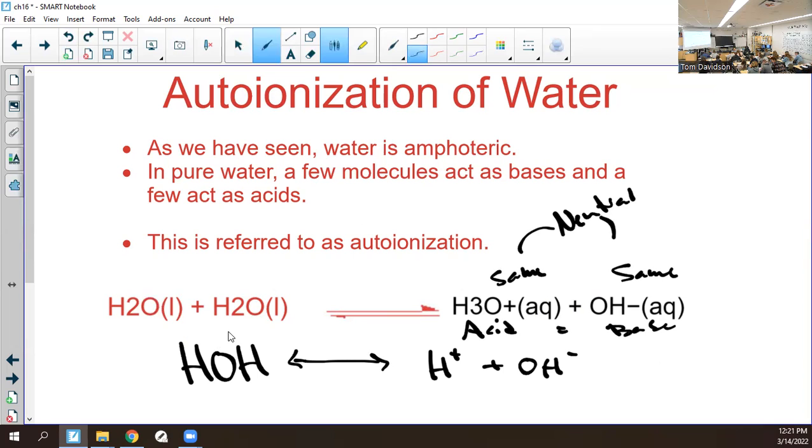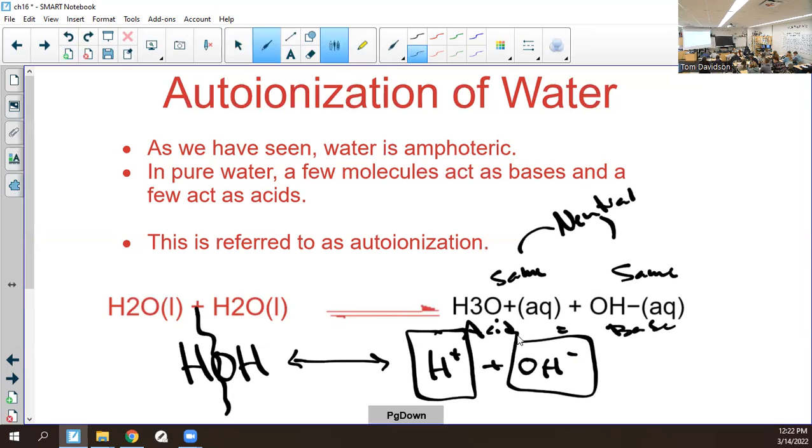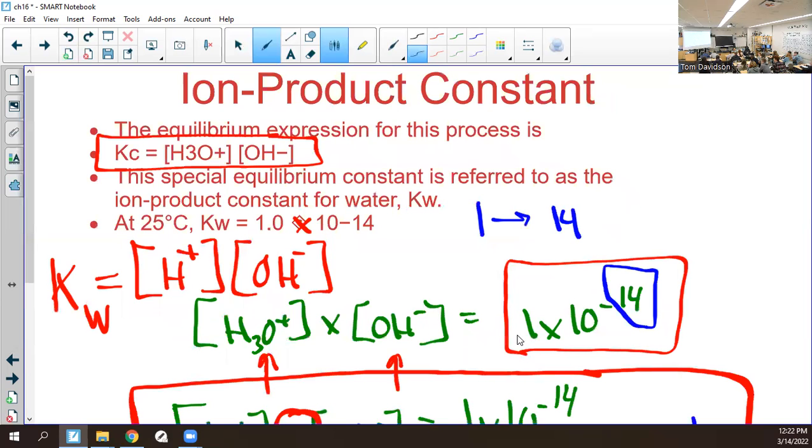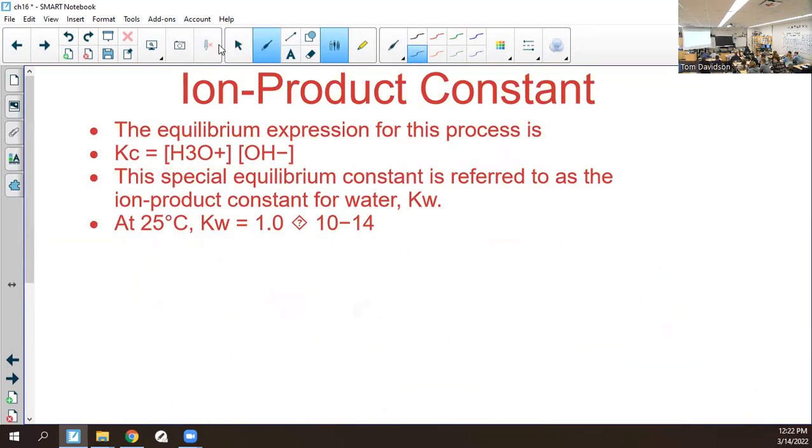For this process to happen, it has to break apart, right? Well, it broke into equal halves of H plus and OH minus. So in just pure water, it's always neutral because if one breaks, it breaks into both parts. You with me? Okay.